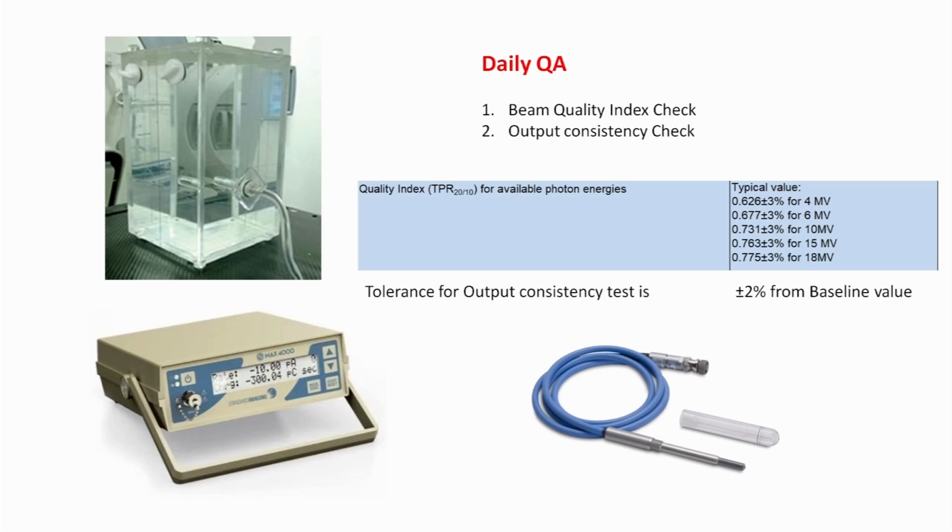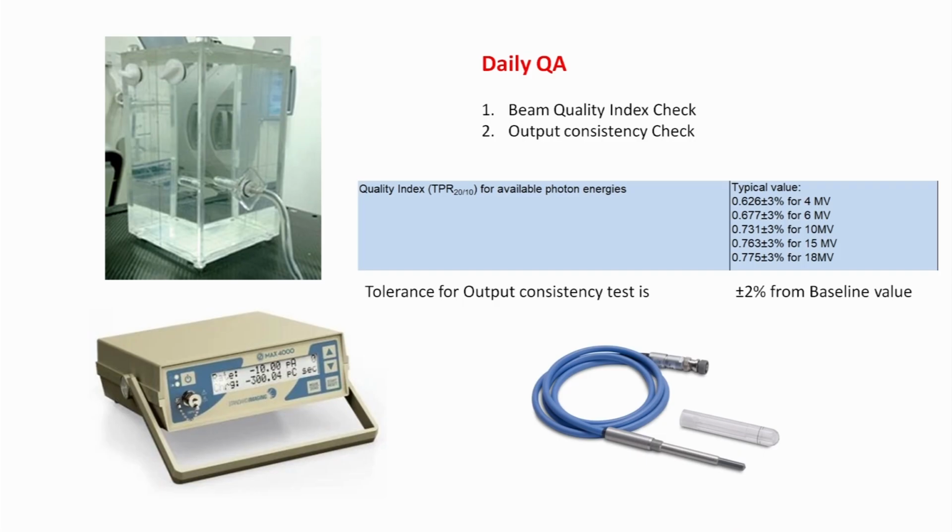But the beam quality, the monoenergetic nature of the beam, can be changed because of the electromechanical parts which are used to produce these energies. That is why it is important to verify the beam quality every day, and for this purpose a beam quality check, or a TPR 20/10 phantom QA, is performed daily.